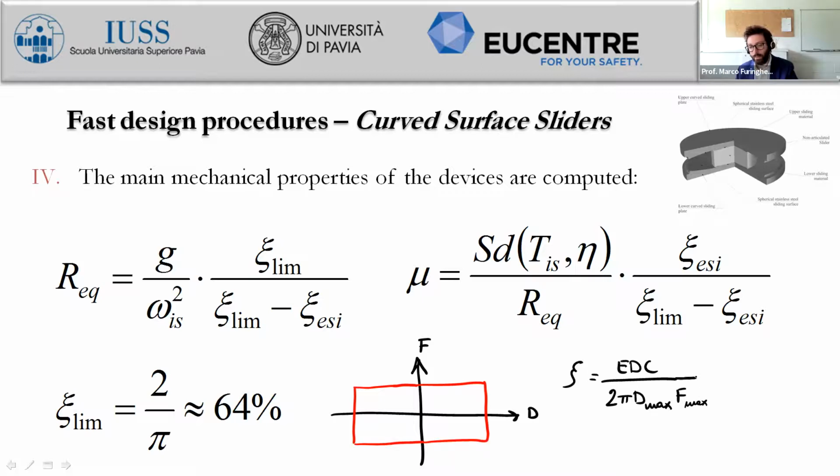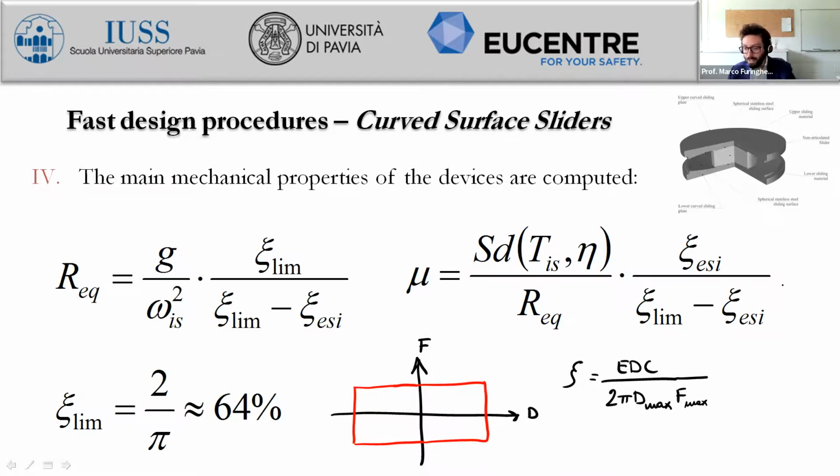Okay, we have actually derived this formulation also by considering some computations, but this is what is known as the Jacobsen formulation for the equivalent viscous damping for a given hysteretic loop.